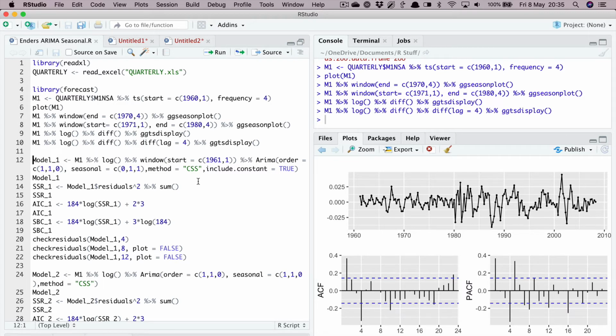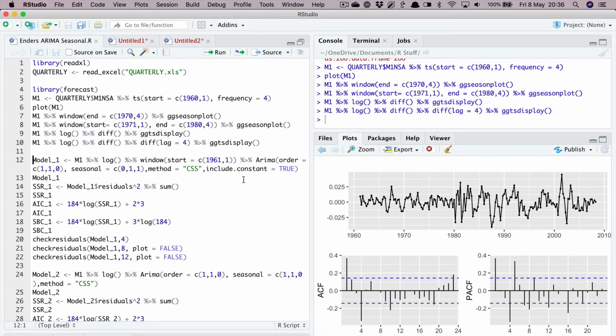Now again, to make sure to get the same results as Enders, I've had to specify method equals CSS like I did in the previous video. And also, Enders in his text seems to include a constant, although other texts and other writers suggest that there shouldn't generally be a constant if you've had the difference.